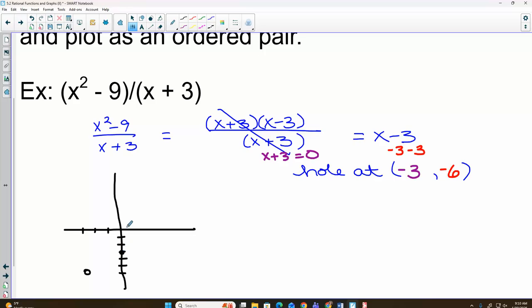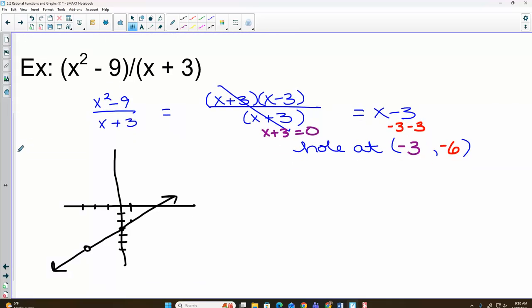Y-intercept of negative 3, slope of 1. So what our graph turns into is a line with an open circle on it. So when something cancels out, it doesn't create a vertical asymptote, it creates an open circle on the graph. And we will see that occasionally in our problems that we're graphing next.